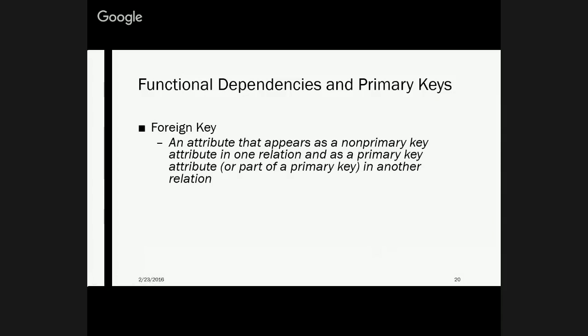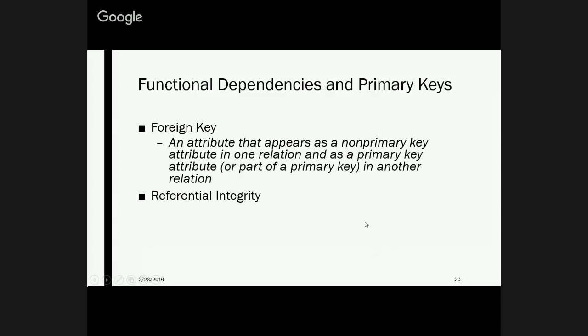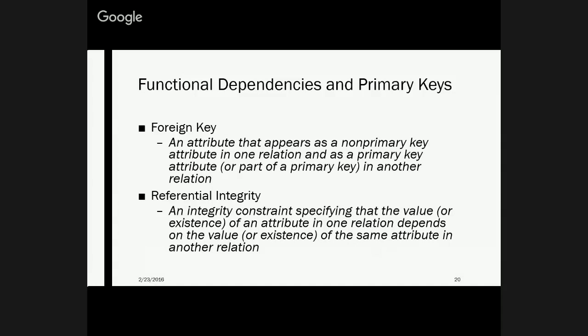So just interesting to look at their definition. Attribute that appears as a non-primary key attribute in one relation, and as a primary key attribute in another. So that's the idea. Here, it's not a key. It's not a primary key. Here it is. They're connected. So the whole point of this is referential integrity.